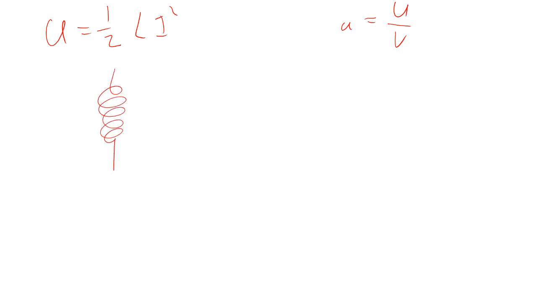Okay. Well, if the energy stored in there is equal to 1/2 Li squared, we know the energy density, little u, is that over the volume. So we think, well, what would be the volume here? If we think of the inductor in its simplest form, it's like a solenoid, a coil.